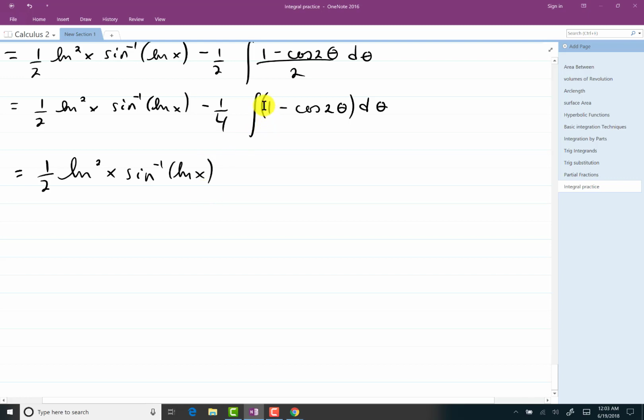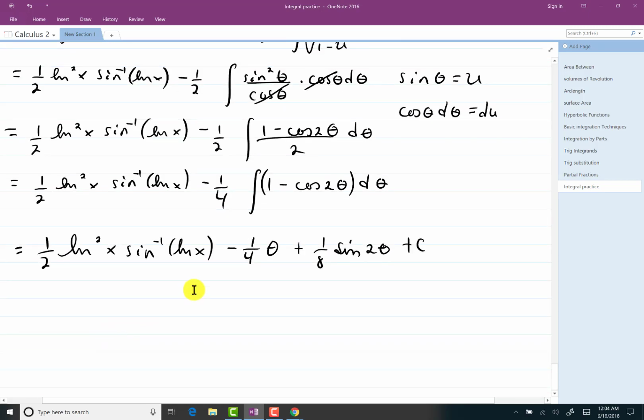Here, when you take the antiderivative of 1, you'll get a theta. And then here, you'll get a sine of 2 theta over 2, but it will be positive. The 1/4 will make that 1/8 sine of 2 theta. And because it will be easier in the end, I'm going to break that up into 2 sine of theta cosine of theta.